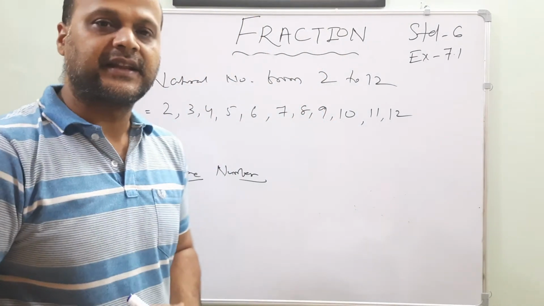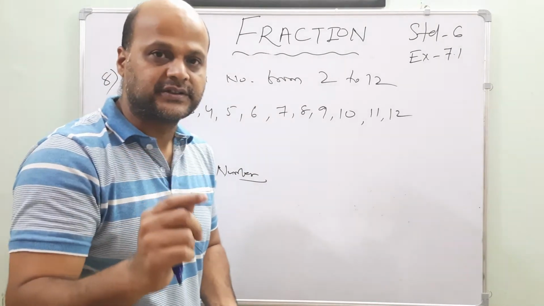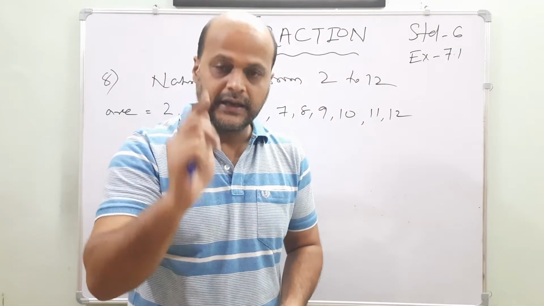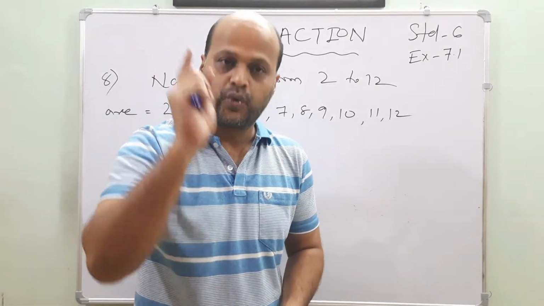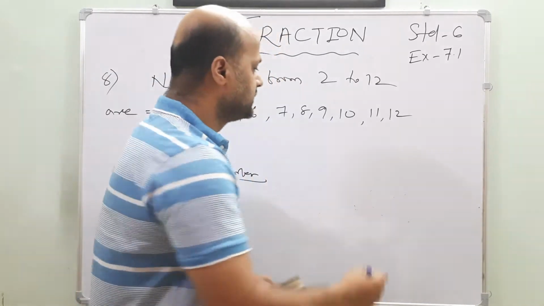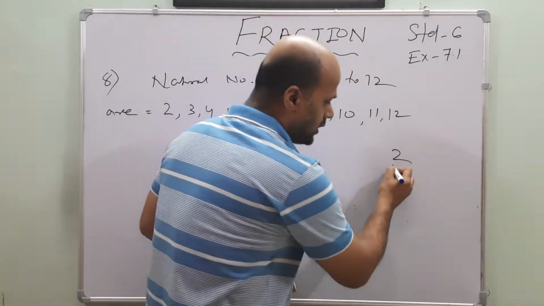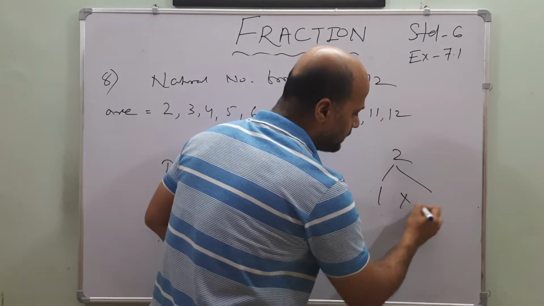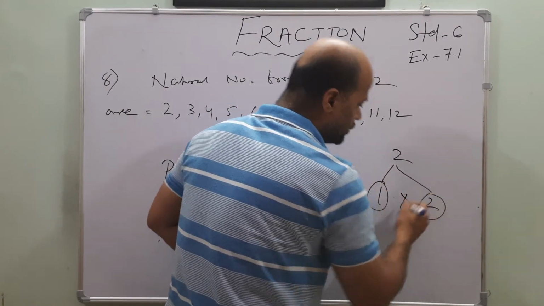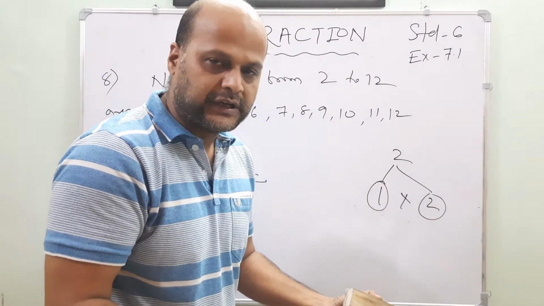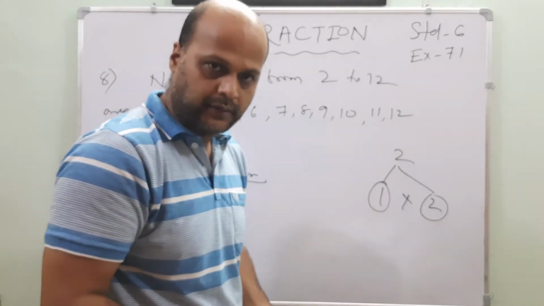But prime numbers are the numbers which have only two multiples, one and the number itself. For 2, which two numbers do I multiply? 1 and 2. Not more than two multiplications are there. So 2 is a prime number.